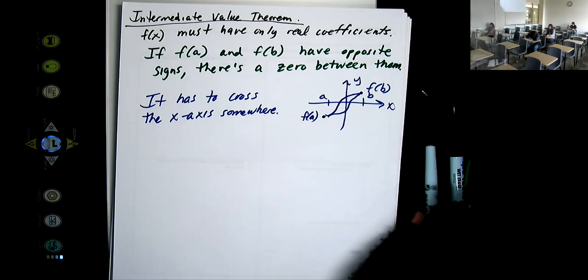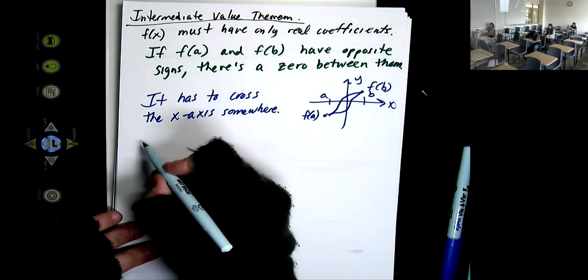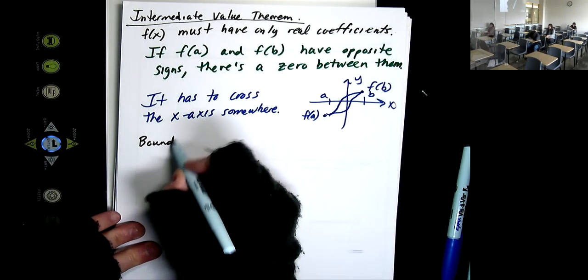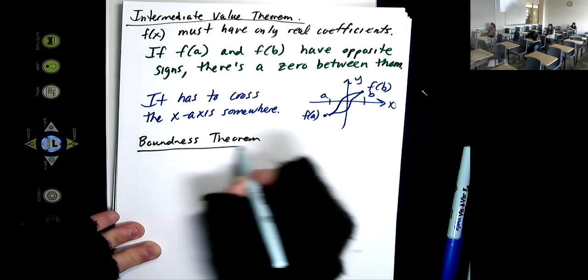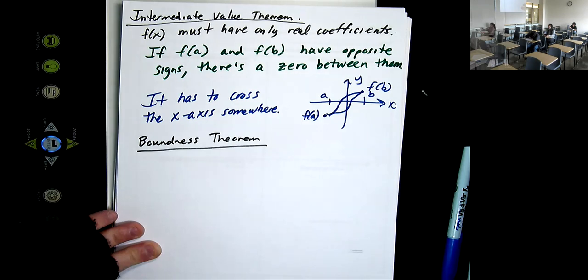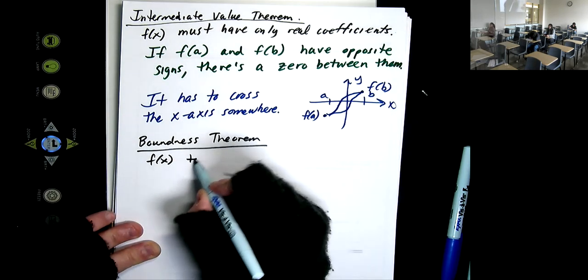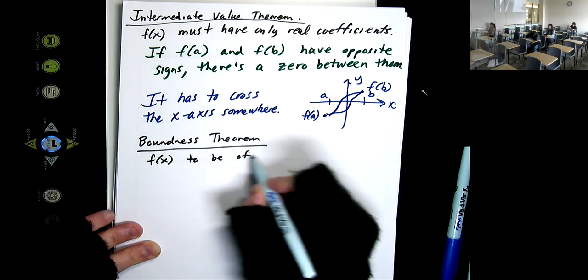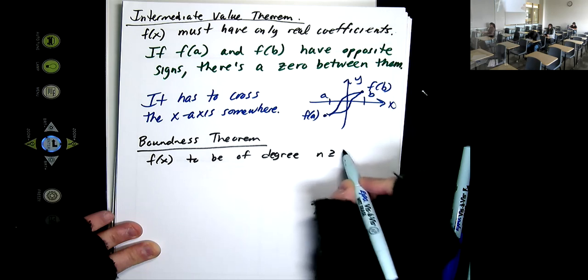Some other things that help. The boundedness theorem. All right, so we want f of x to be degree n greater than or equal to 1.